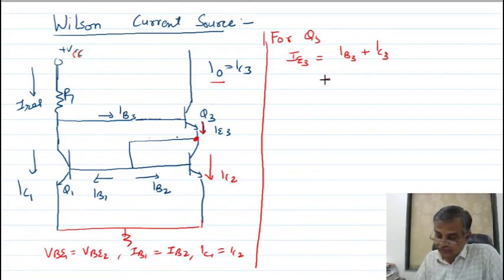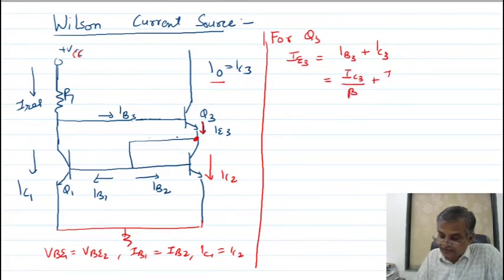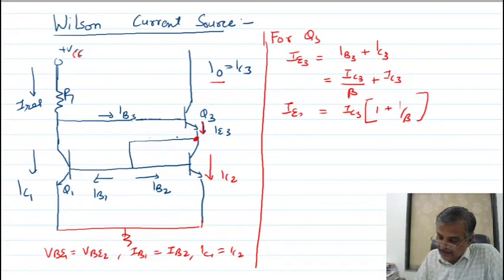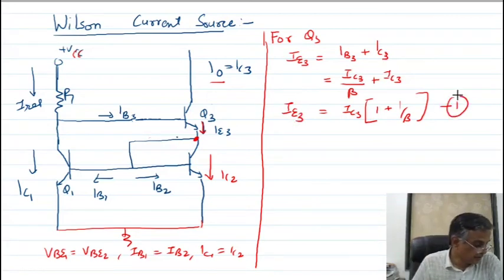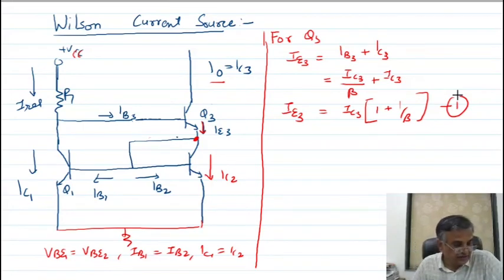So this is your IC3 upon beta plus IC3, so I can write IC3 common, 1 plus 1 upon beta. I am getting the value of IE3. Say it is equation number 1.